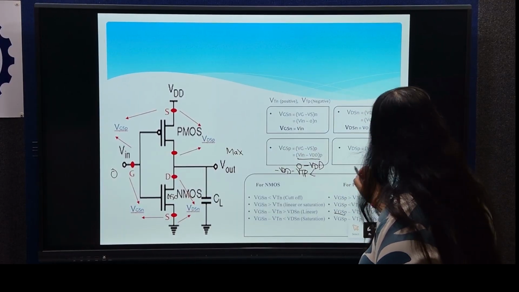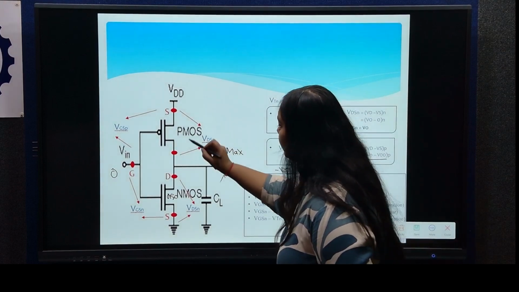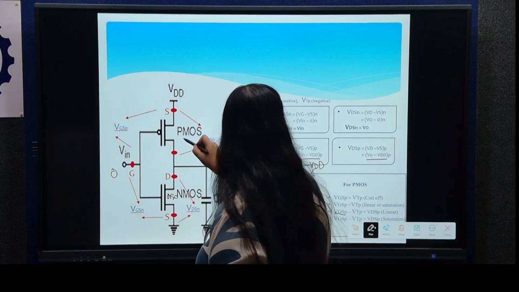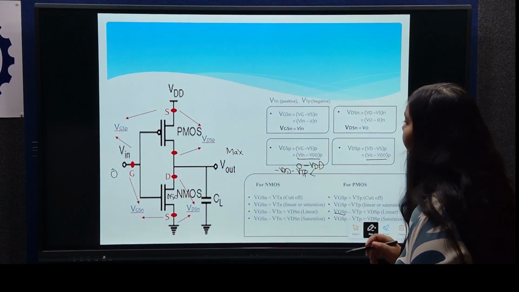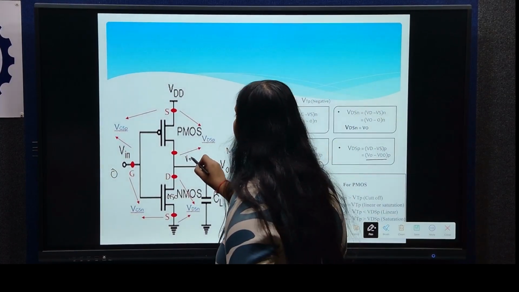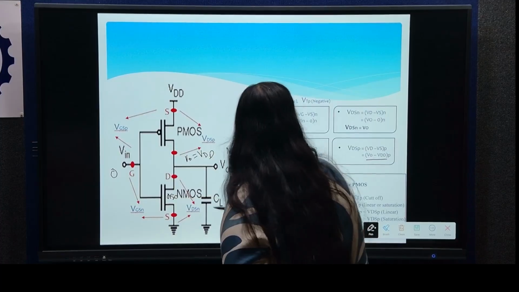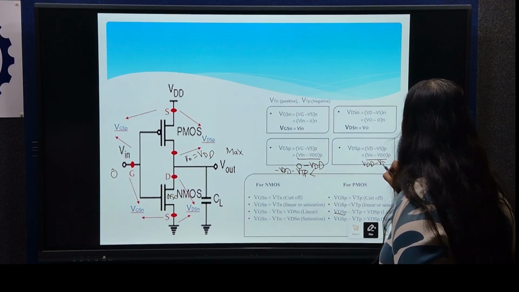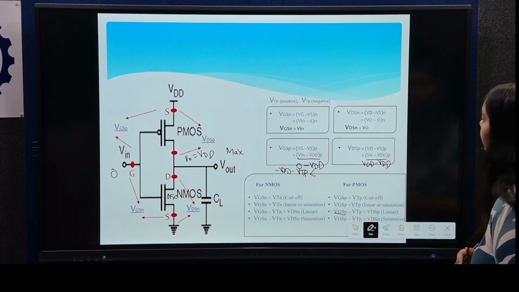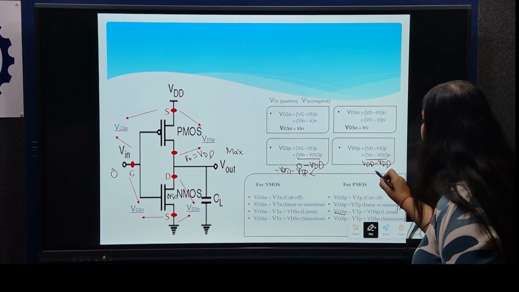In case of PMOS, V0 is the output, and V0 is VDD here. So we can put VDD in place of V0, and VDD minus VDD is 0.